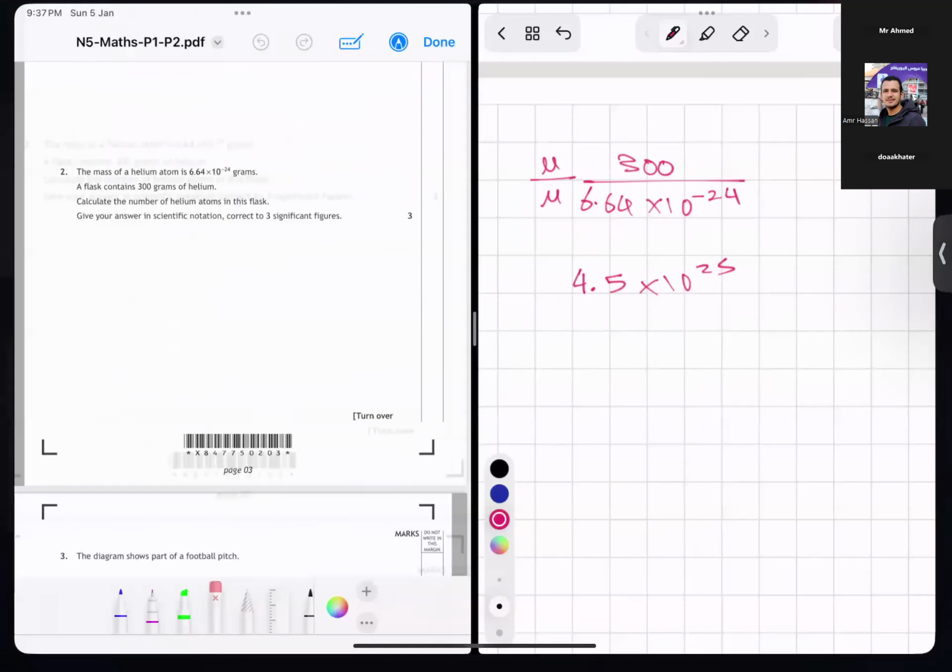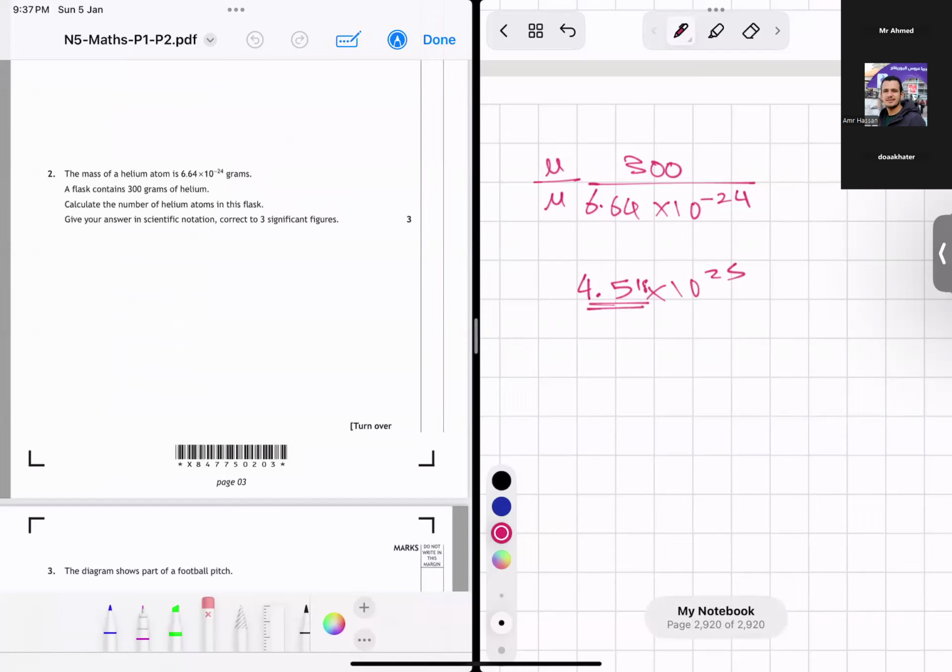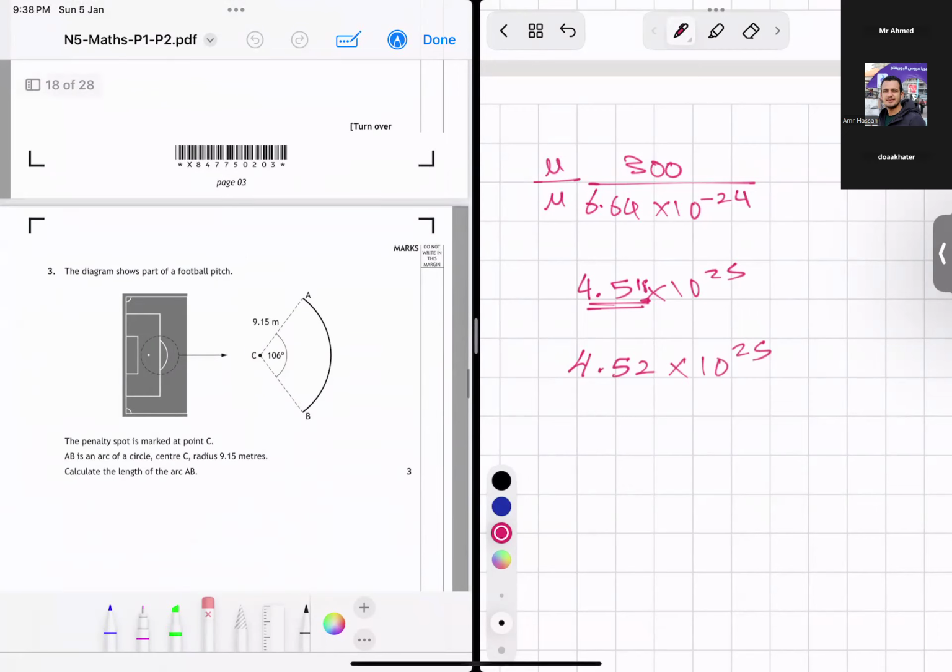Let me write it. So did you get it? Yeah. He asked me to write it in three significant figures, so it makes sense. This one's going to be 4.52, the number rounds up, times 10 to the power of 25. Did you get it? Yeah.